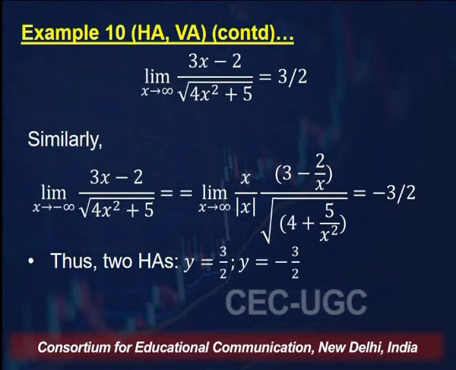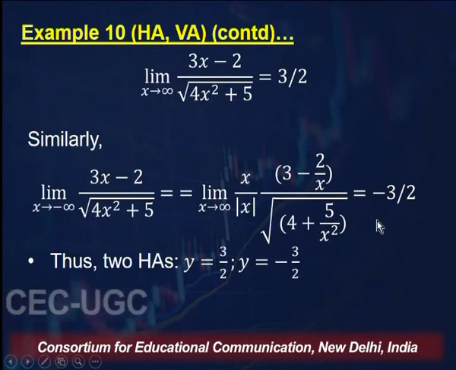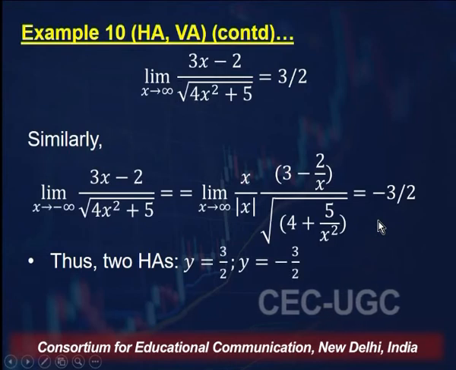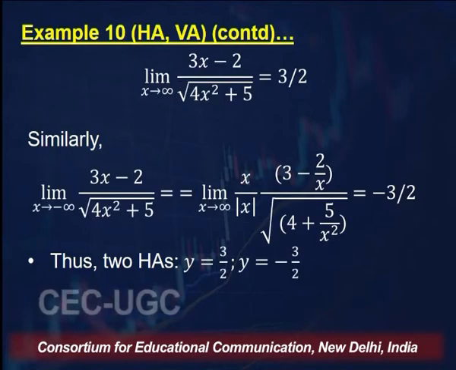And this part of your calculation will still contribute a 3 by 2. So the limit of the function as x tends to minus infinity is minus 3 by 2. And in this case, you have a situation where you have two horizontal asymptotes, y equal to 3 by 2 and y equal to minus 3 by 2.